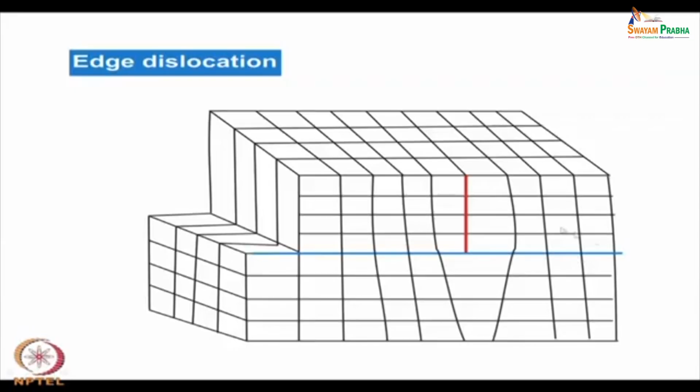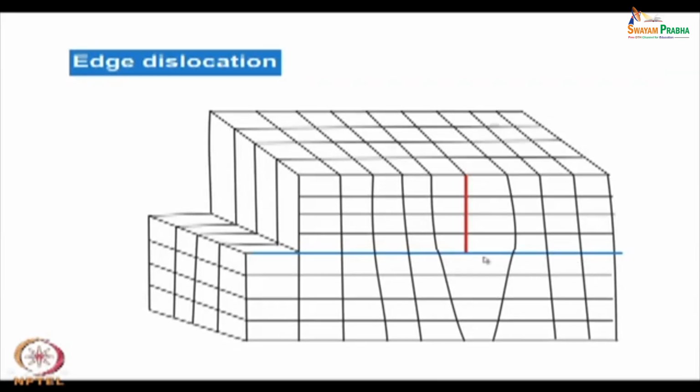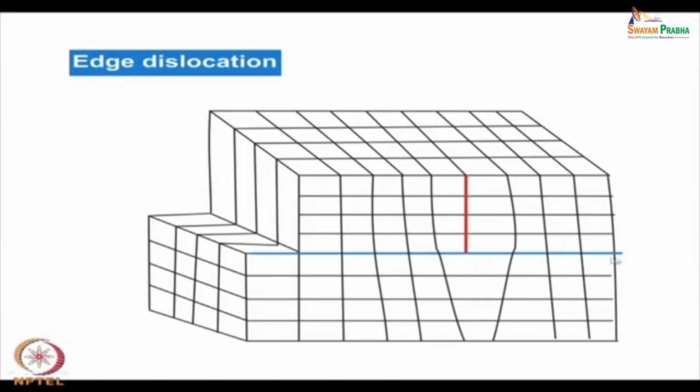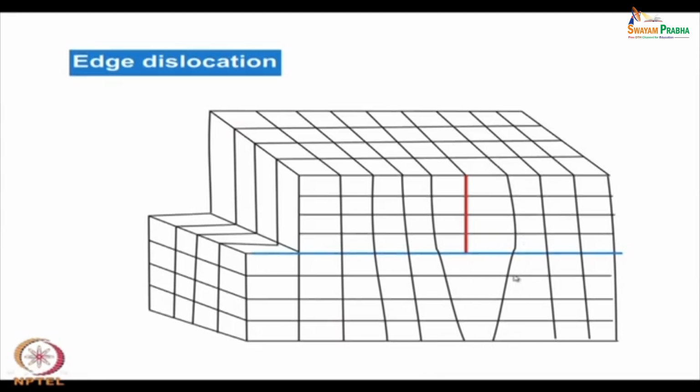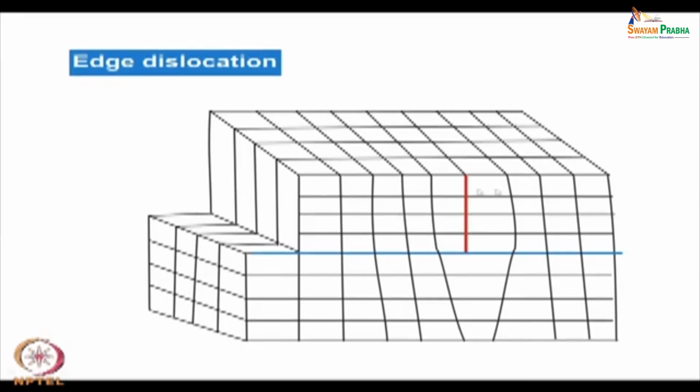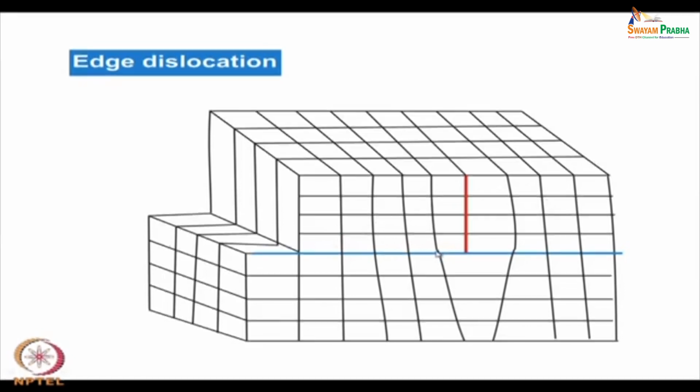So, referring to the diagram once again, there is a boundary here. On this side you can see there is a little bit of deformation. This was a vertical plane, and because of the application of the stress, there has been a shift of the atoms.